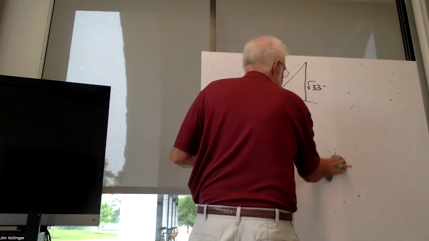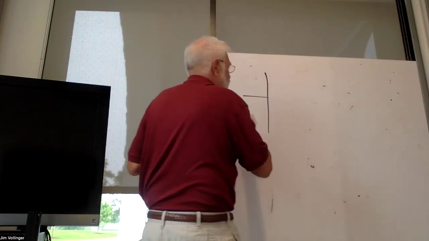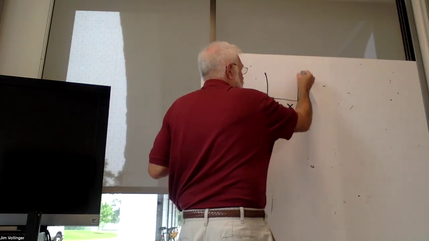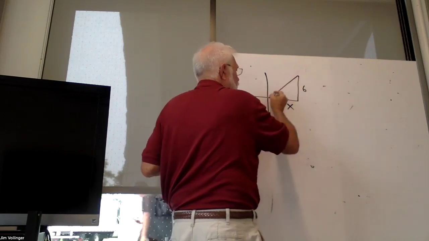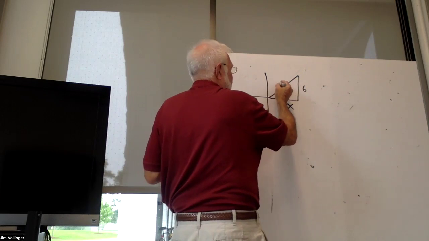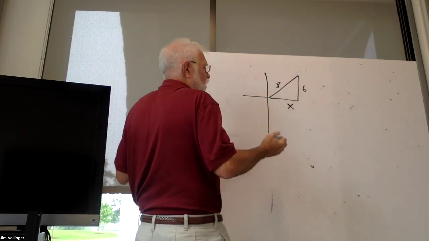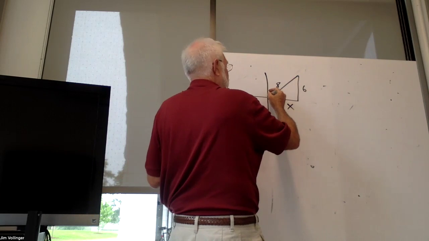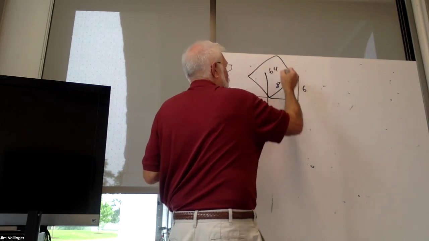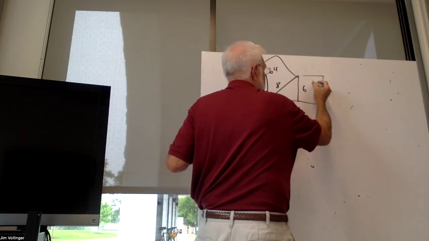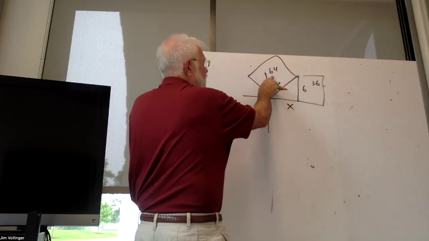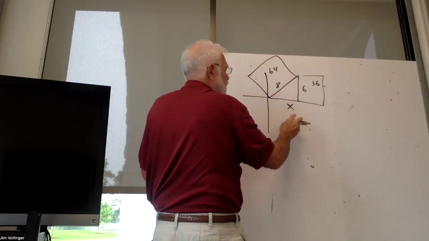I'll just change the x's and the y's. All right, let's say you go over an x distance and the y is 6. And how about we make this 8? All right, so what do we have? We've got 6, 8. Well, 8 becomes 64. 6 becomes 36. 64 minus 36 is 28.